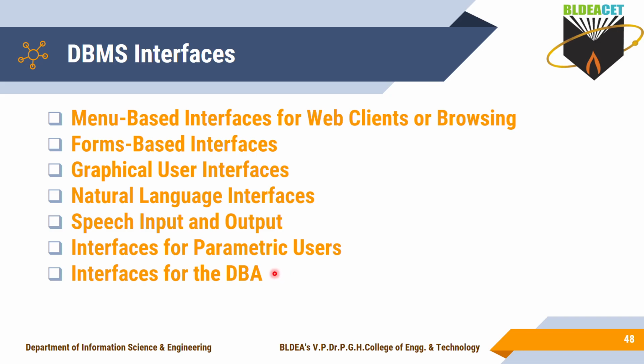For all those purposes you can use the interfaces here. Those interfaces you call interfaces for the database administrator: creating users, providing authority and providing privileges to access the resources. So these are the different types of DBMS interfaces based on user requirements. Is it clear now? Okay, thank you.